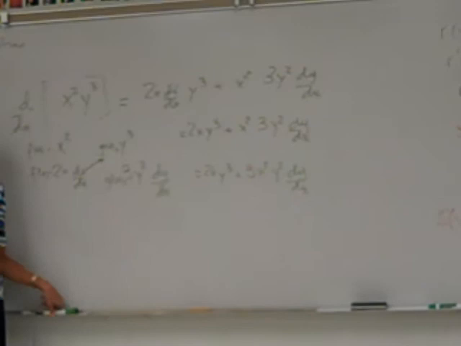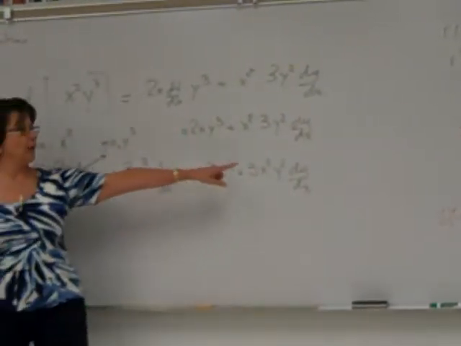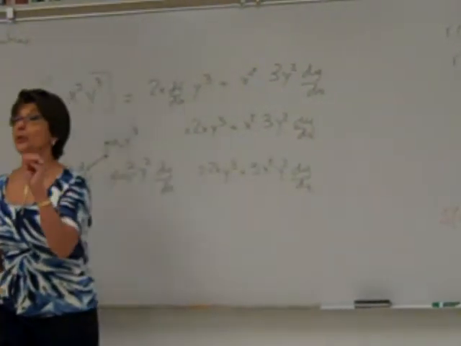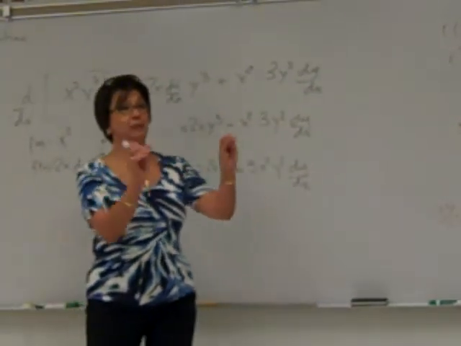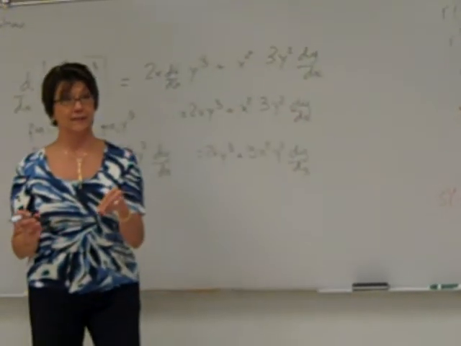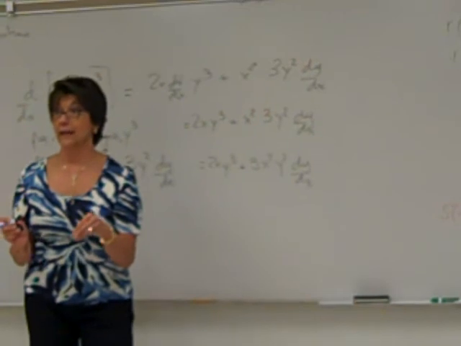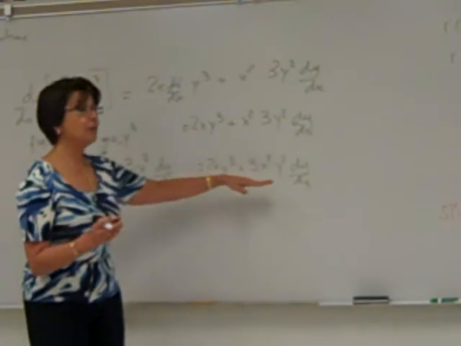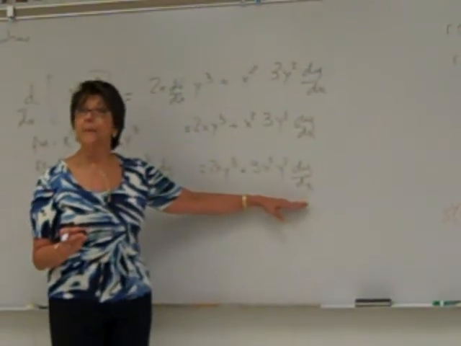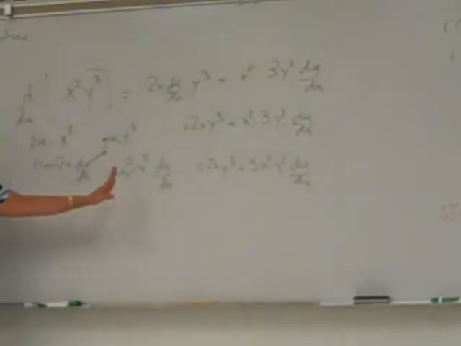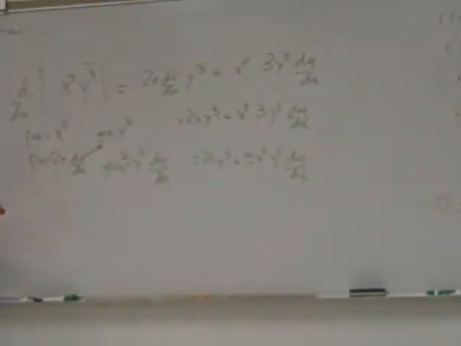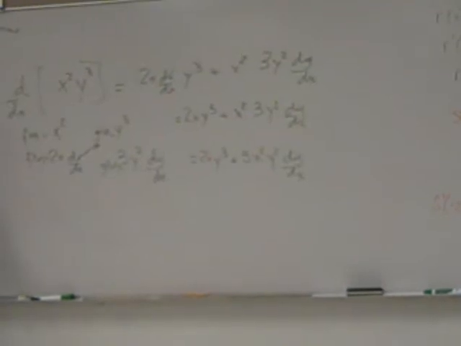And the reason why I am telling you right now I want dy over dx is so you do not forget to take the derivative of the y as a function of x. Do you understand that? It's going to be a little more writing for now. Wait, I'm just a little bit confused. What does it do to the problem if you're just leaving it in there? I don't understand why you're leaving it in the problem.